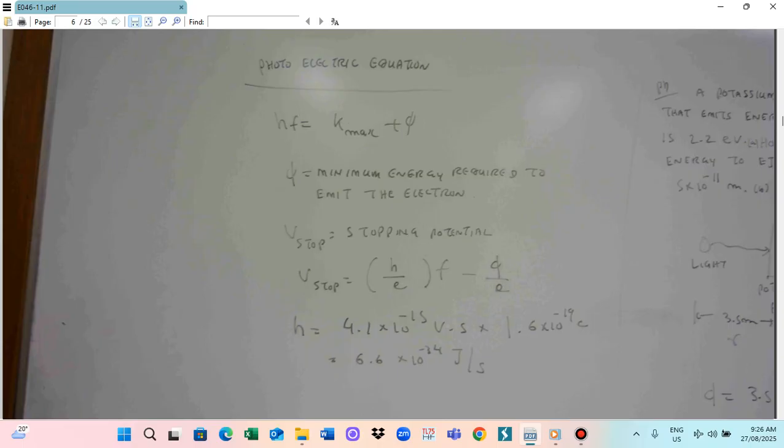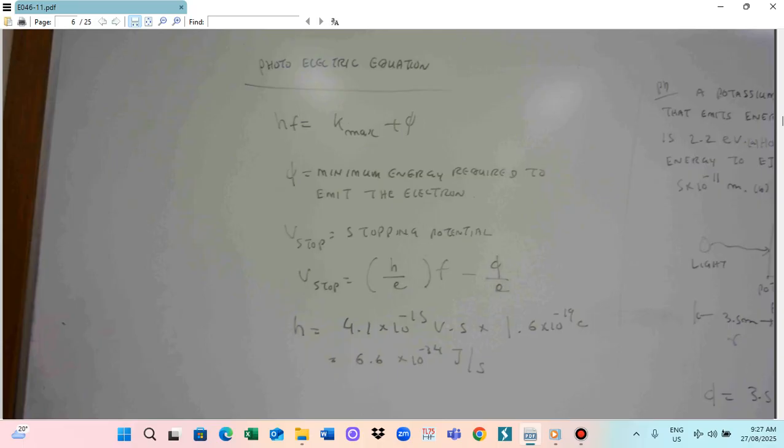V stop, the stopping potential, is equal to h by e into f minus phi by e. Here e is the electron charge, h is the Planck constant, f is the frequency, and phi is the minimum energy required to emit the electron. So those things can be calculated.